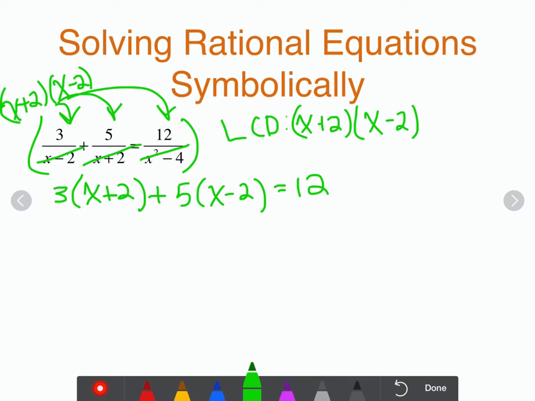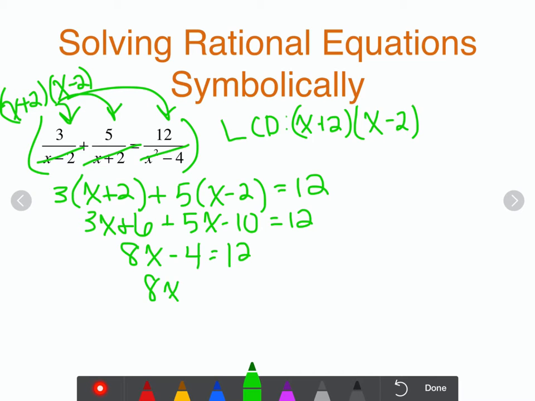Okay, again, a nice linear equation that we can solve. 3x plus 6 plus 5x minus 10 is equal to 12. 8x minus 4 equals 12. So x is equal to 2.